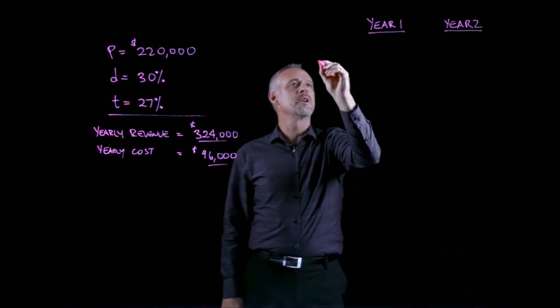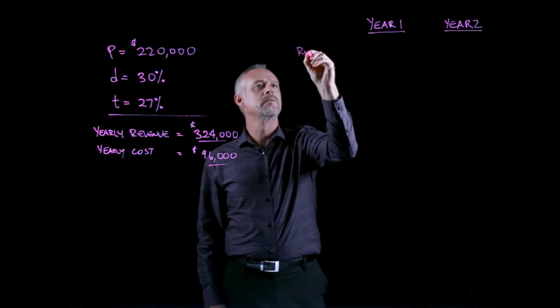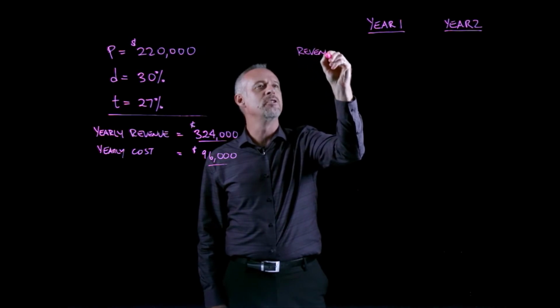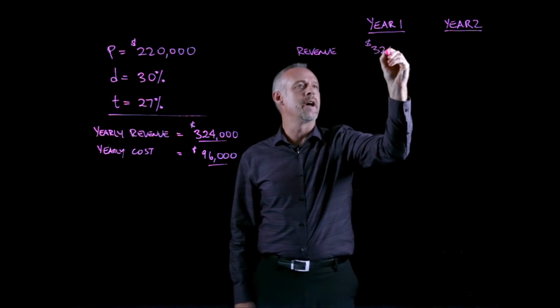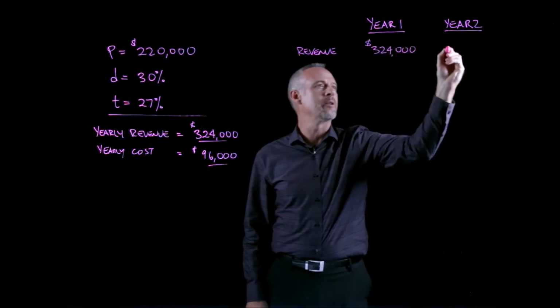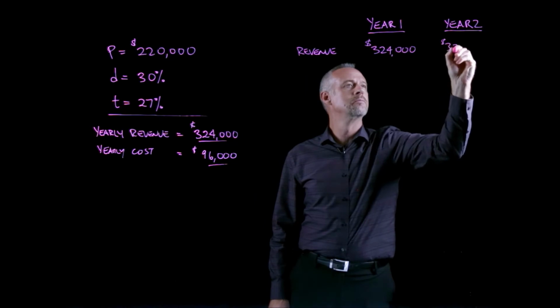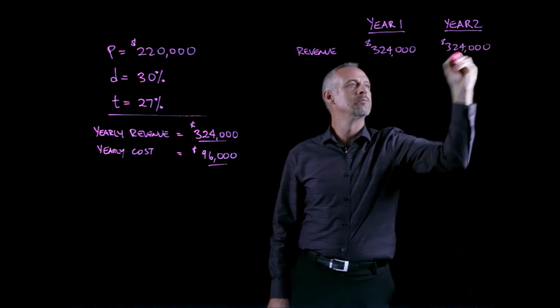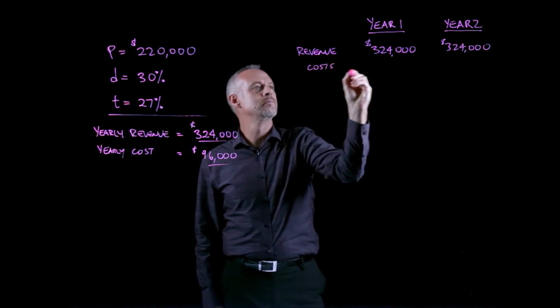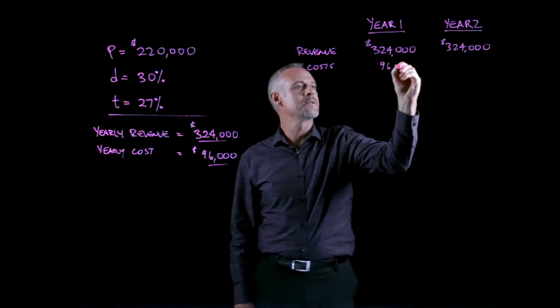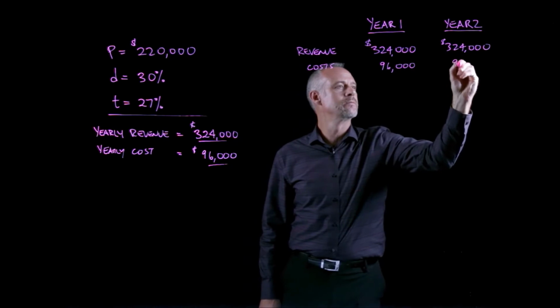And we'll just summarize here, let's say the revenue. The revenue in year 1 and year 2 is that same $324,000. And our costs are $96,000.